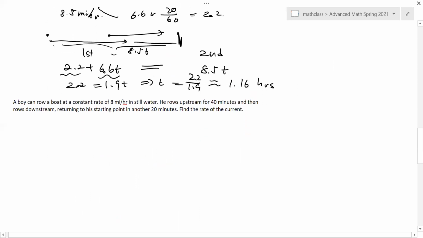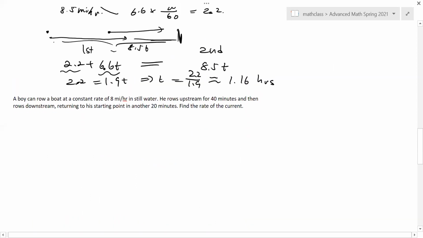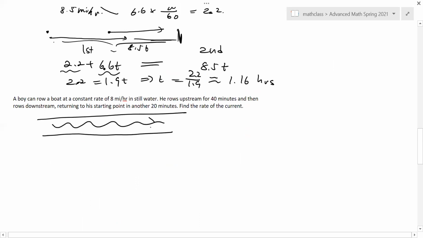All right, now this is also a typical problem, going in that direction, the water. A boy can row a boat at a constant rate in still water, if there's no water flow, 6 miles per hour.